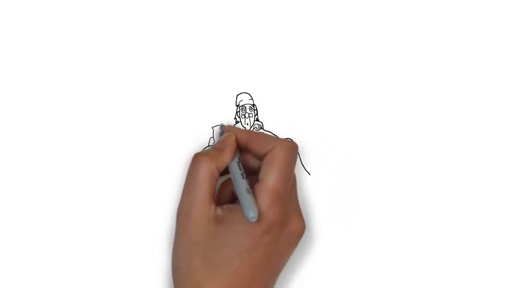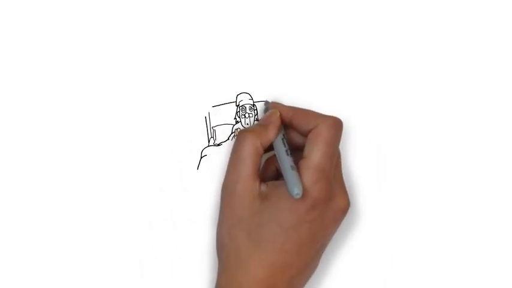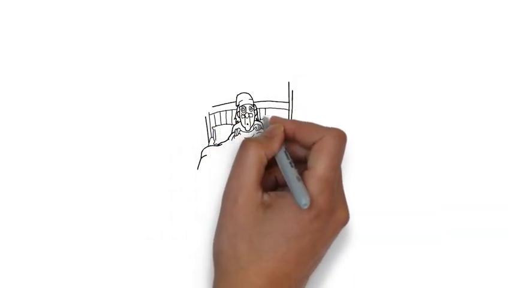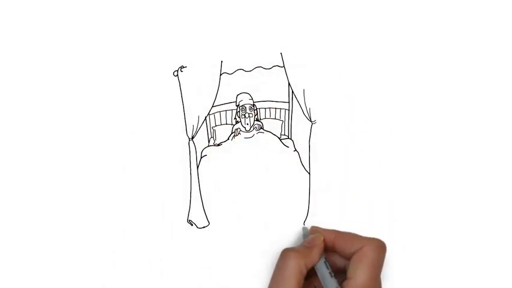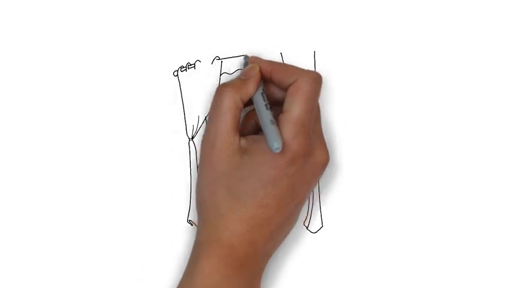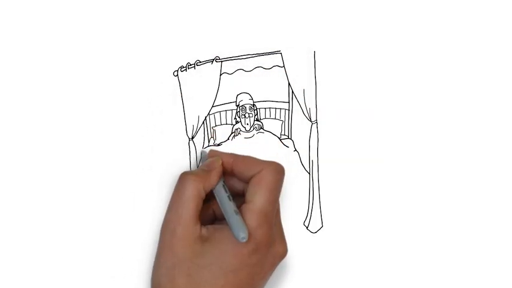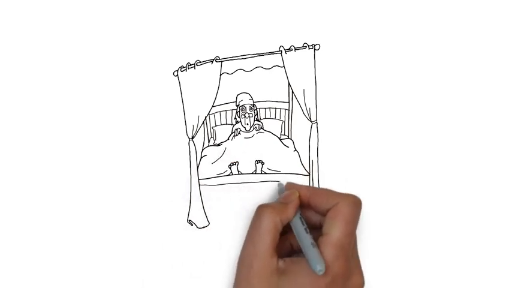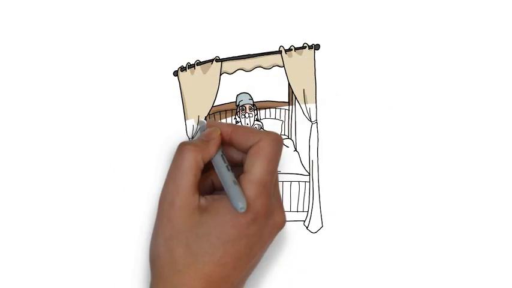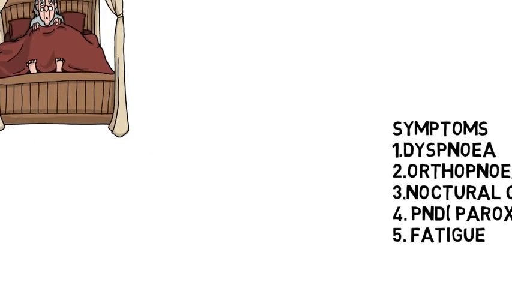And a common question you ask someone in history taking is how many pillows do they lie on? And this is because people with heart failure often wake up breathless at night, and they go and they open a window and they sit up, and that relieves the symptoms. And they will prop themselves up on 1 or 2 pillows.